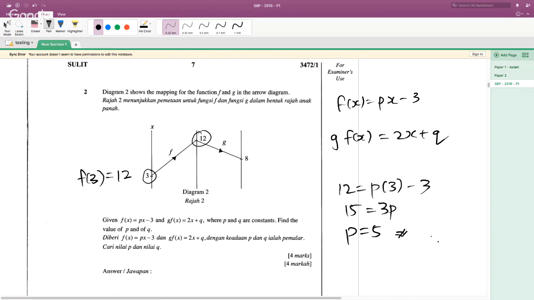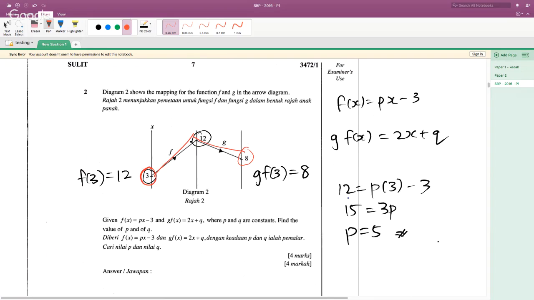All right, the second one, the question asks you to do the comparing. Like gf(x), that means f(x) first, then you go g(x). I know gf(3) equals 8. Do you see that? If I substitute f(x) into g(x), when x is 3, I will get the value 8.